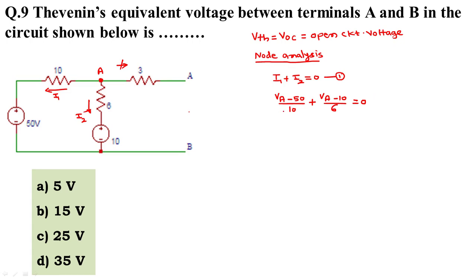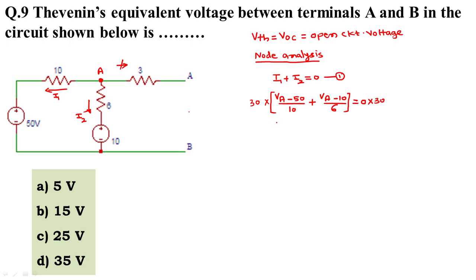So if I take the LCM, how much is the LCM? Say 30. So this entire equation I will multiply with 30 on the left side, and the right side also I will multiply with 30.